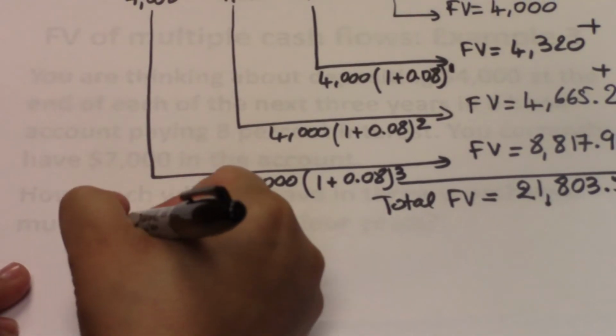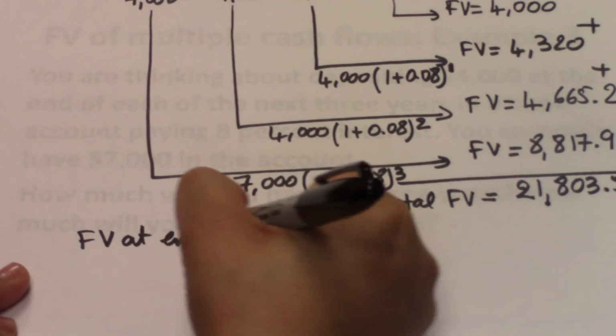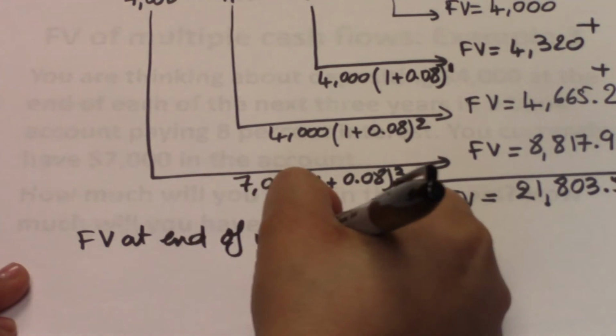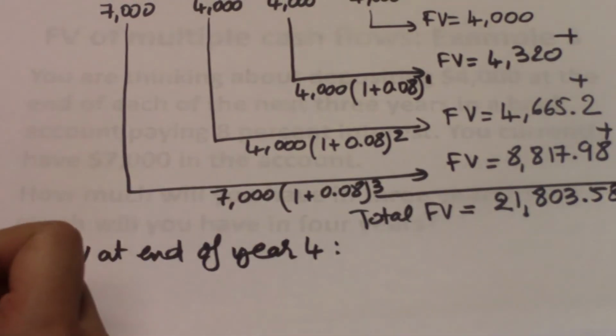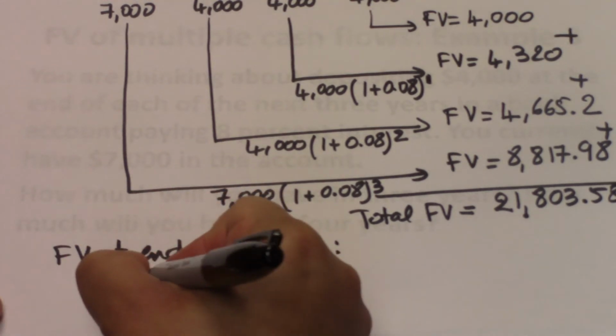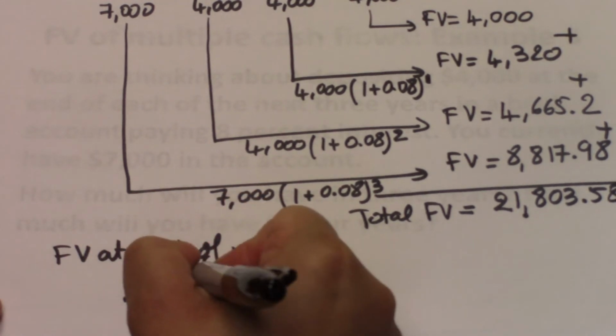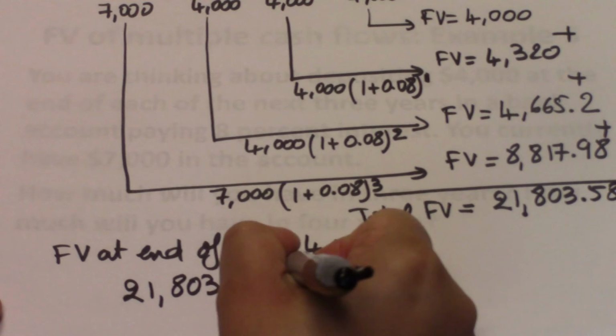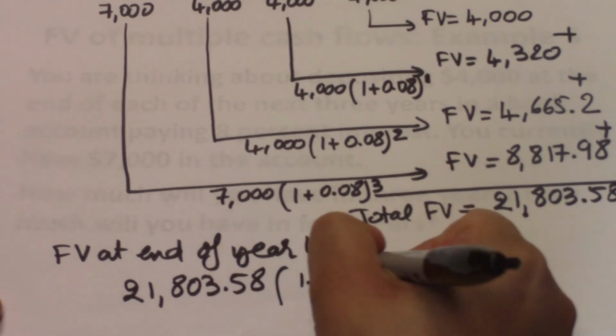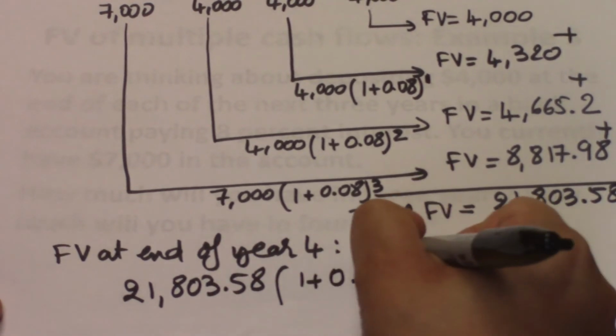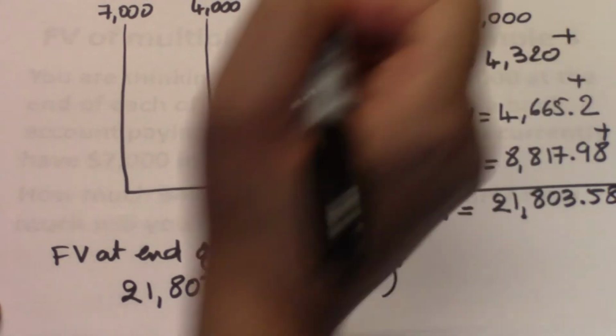Future value at end of year 4 is simply the amount that we have at the end of year 3. So it's the 21,803.58 times 1 plus r, which is 0.08, to the power of 1, because it has only 1 year to grow.